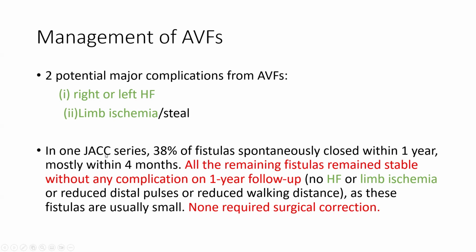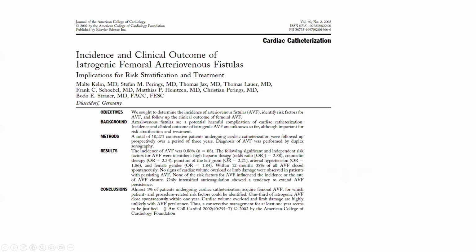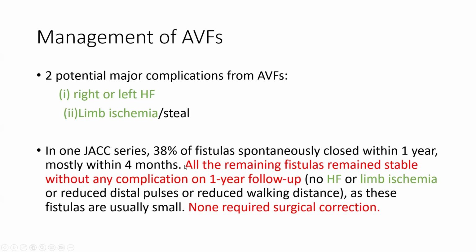Now, AV fistula, what you need to know, unlike pseudoaneurysm, are overwhelmingly benign. In fact, in one JACC series, the most important one from 2002, 38% of fistula spontaneously closed within a year, mostly within 4 months. But most importantly, all the remaining fistula, the other 62%, remained stable without any of those complications on 1-year follow-up.